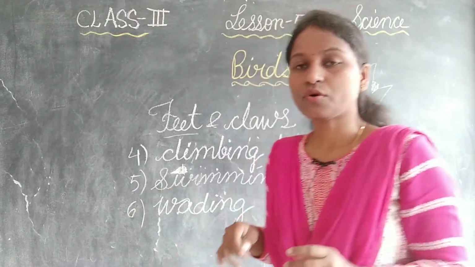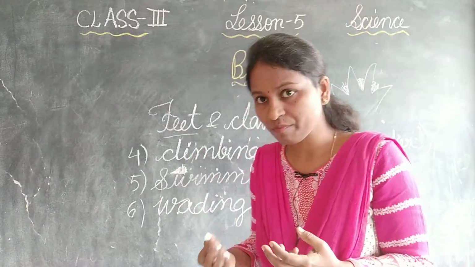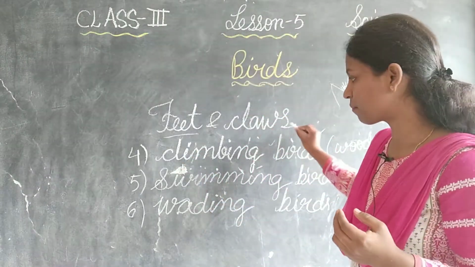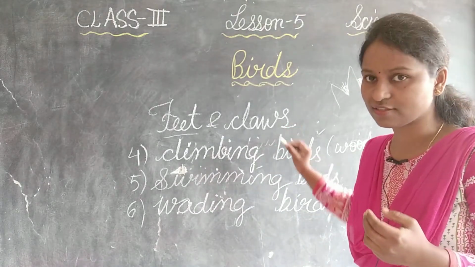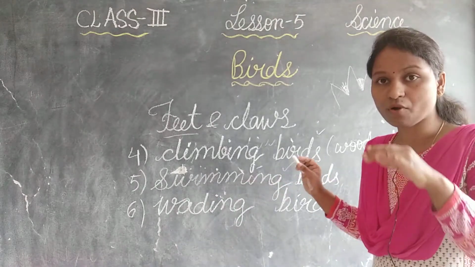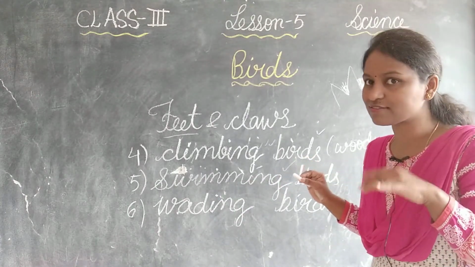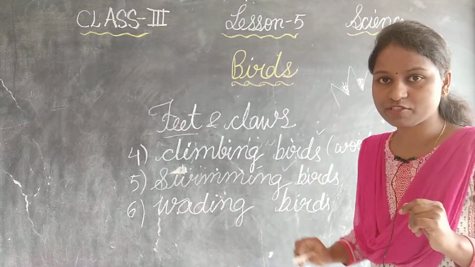So you can find how nature is giving everything to them, yes or no? For the woodpeckers, the climbing process and beating the bark of the tree. And for swimming, the broad beaks have been given to the ducks, and they swim with the help of webbed feet. Okay.